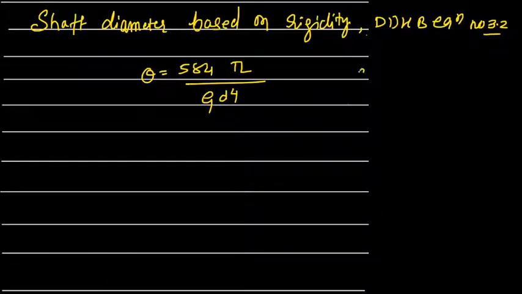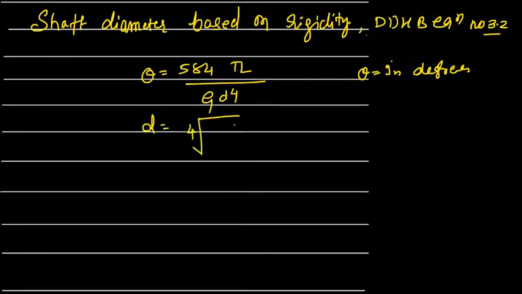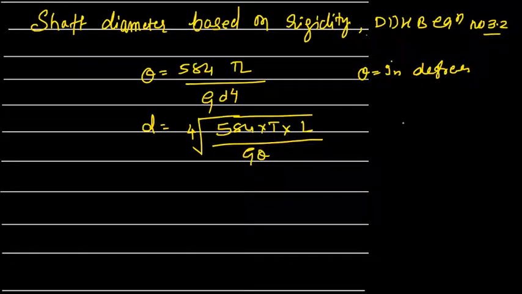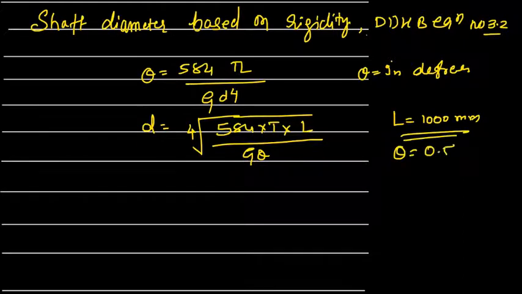Now theta is in terms of degrees. So we can find d equal to the 4th root of 584 into T into L divided by G theta. Now L has to be substituted as 1000 mm because the deflection is given as 0.5 degree per meter.